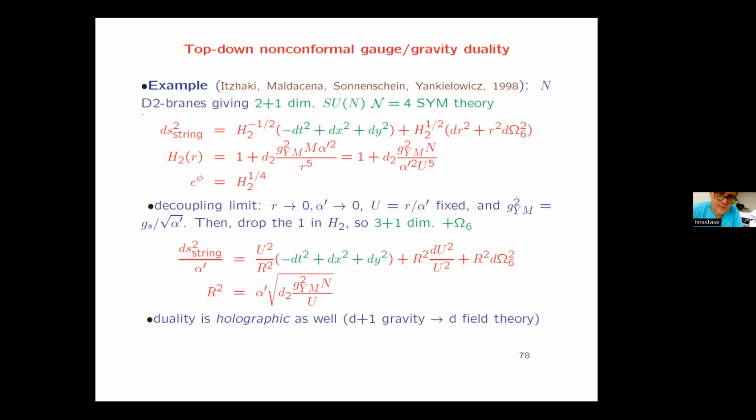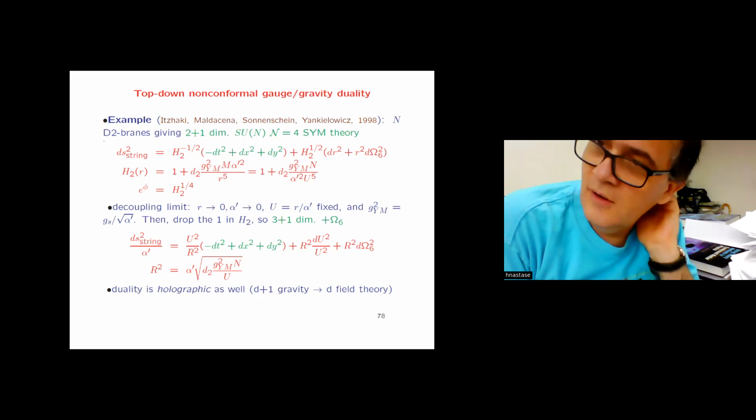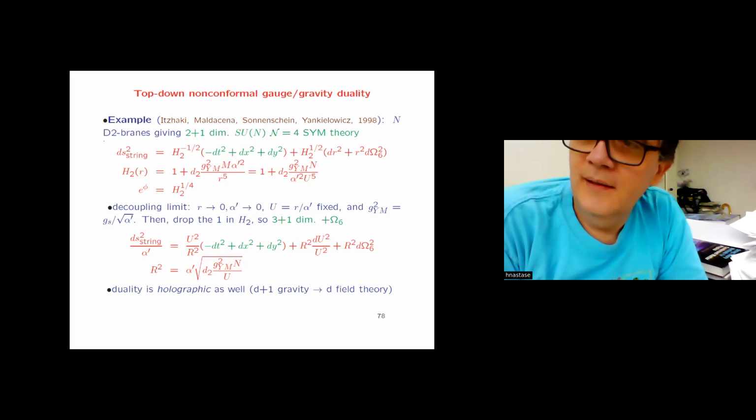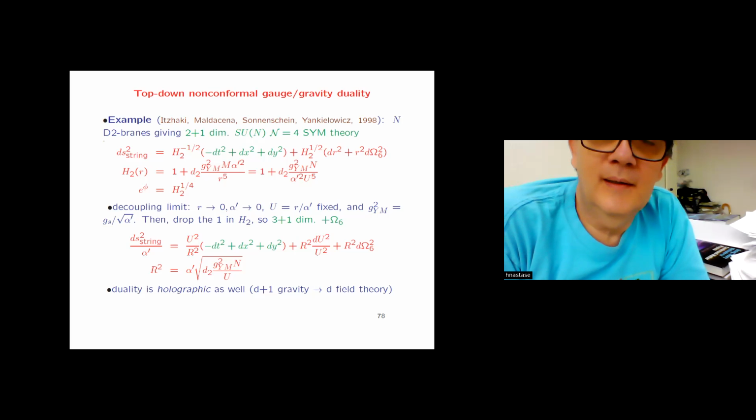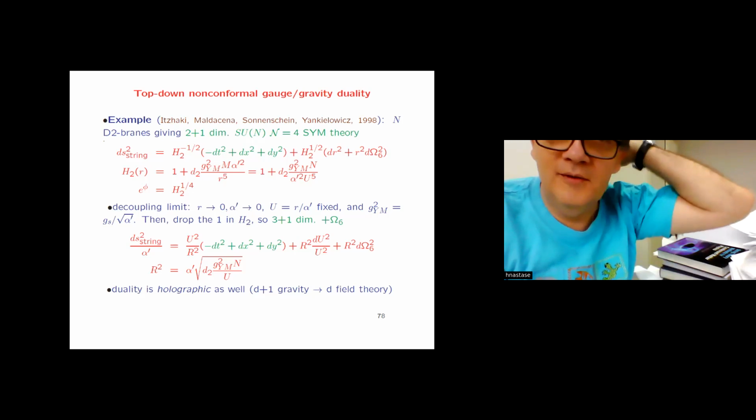So first of all, as I said, this is an example of gauge-gravity duality, and it's a non-conformal type. Obviously, cosmology is not conformal. Let's first understand a top-down example of such non-conformal gauge-gravity duality.